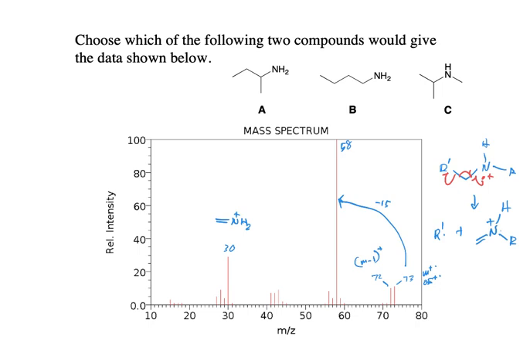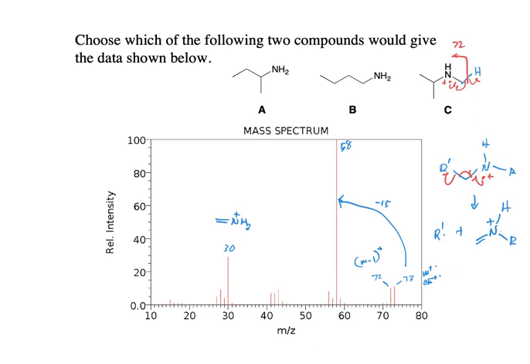I think any of these could actually lose 1, because as long as there's an H on an alpha position, we can draw that loss like this. So this would cleave here, and this would give us 72.